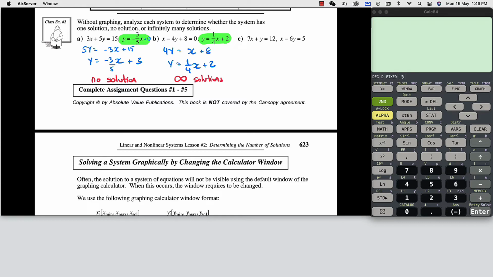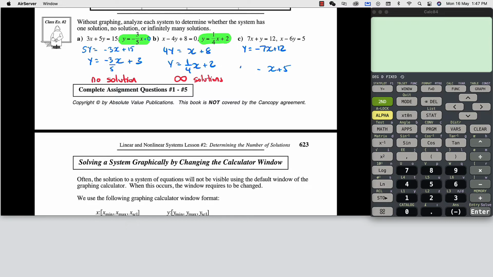And the last one is probably going to have different slope, giving us one solution, but let's just figure that out. The first one would reformat to y equals negative 7x plus 12, and the second one would format to, let's see, 6y equals x plus 5, and divide everything by 6.